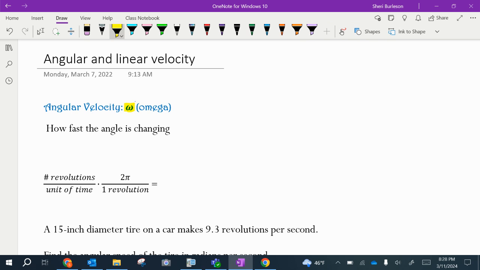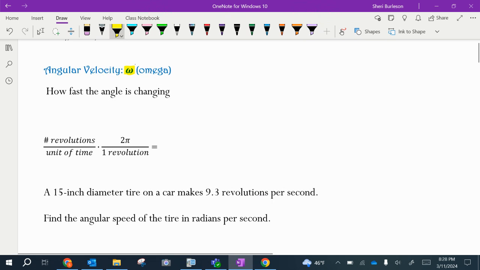How quickly are we moving through whatever measure of angle? The way we are going to calculate omega is we take the number of revolutions, that's how many rotations it makes in any given unit of time. They'll tell us what that unit of time is. Then we multiply, using dimensional analysis, by a form of 1.